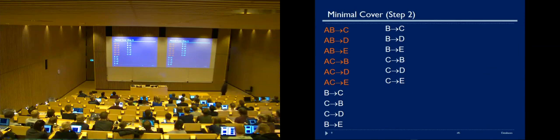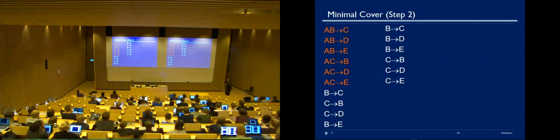If you omit the redundant attribute A, you get some dependency that we already had, plus 2 dependencies that we didn't have. We have the dependency B determines E, that is a new and interesting one, and we have the dependency that C determines E. So that's what is really going on here.